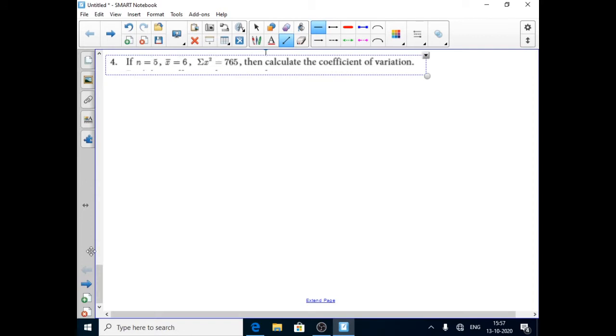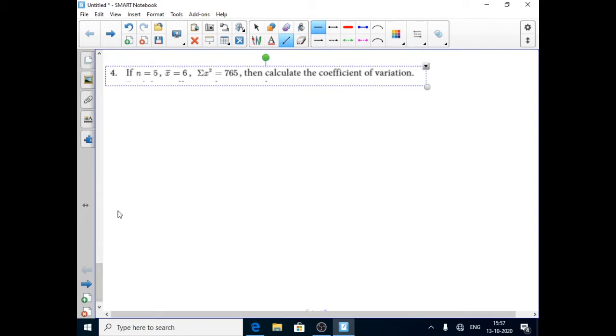Now the fourth question. n equal to 5, x bar equal to 6, sigma x squared equal to 765. What is the coefficient of variation?